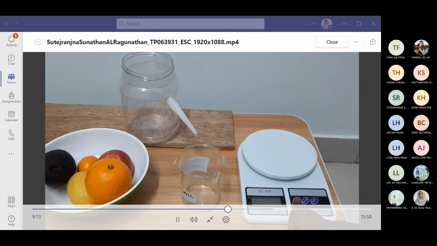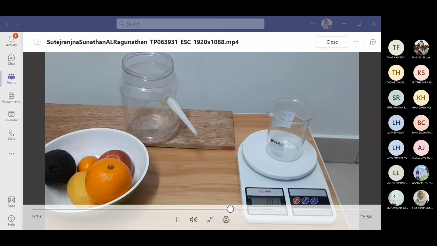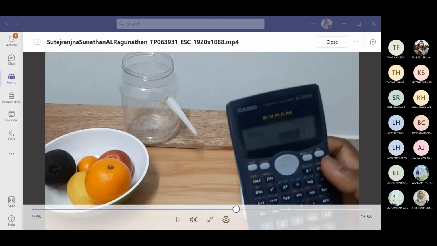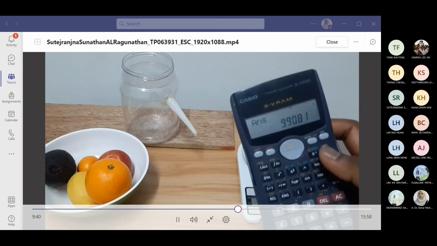So let's start off by calculating the weight of the beaker. And as you can see, the mass right now says 101 grams. And when you convert that to weight, that is going to be 0.99 newtons.